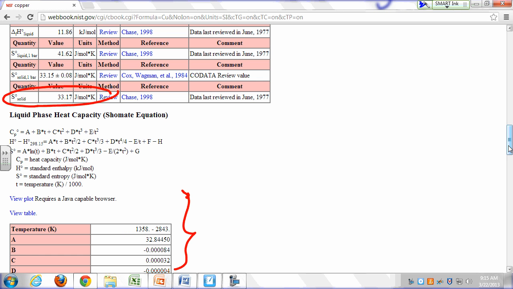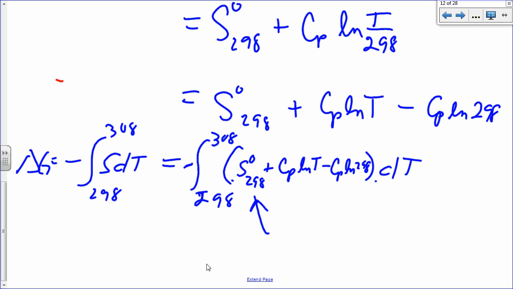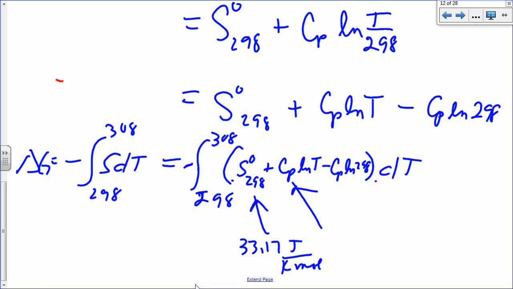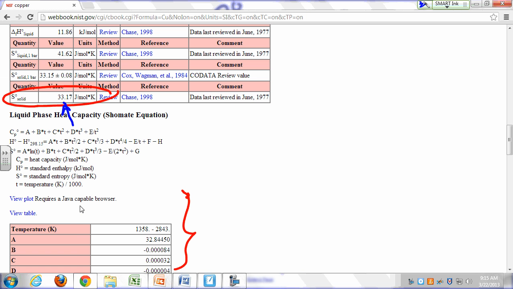S naught is how much? 33.17, right? So that's 33.17 joules per Kelvin per mole. And do I know my Cp at 298 Kelvin? What's my Cp at 298 Kelvin?